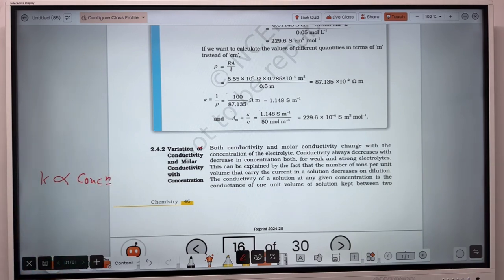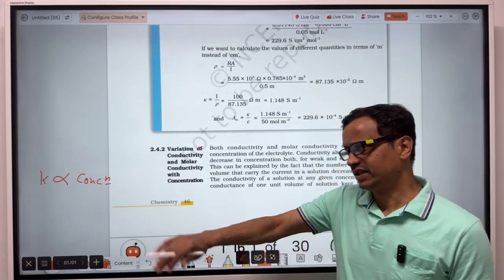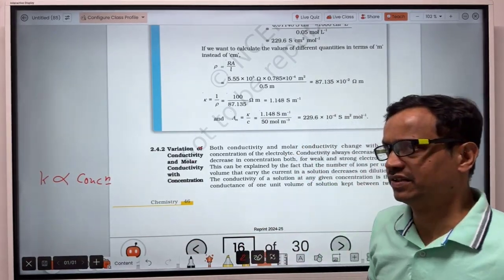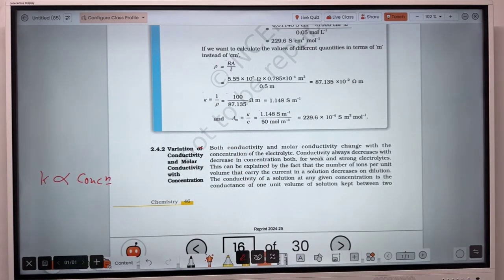That is, in a generalized way, you can consider this one. That means if the concentration of the solution increases, then conductivity will increase. But the molar conductivity, here kappa, or you may write lambda, is for conductivity, and lambda m is molar conductivity.